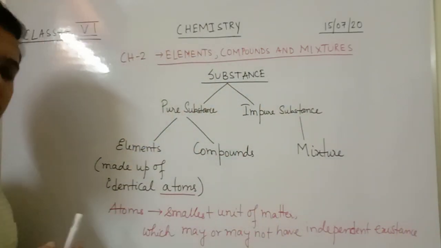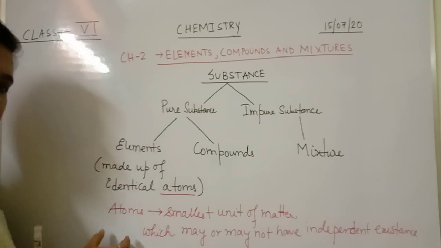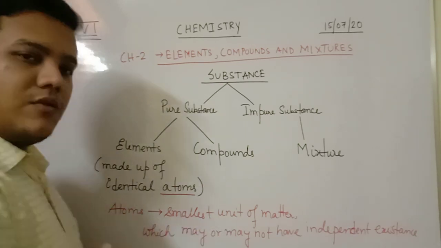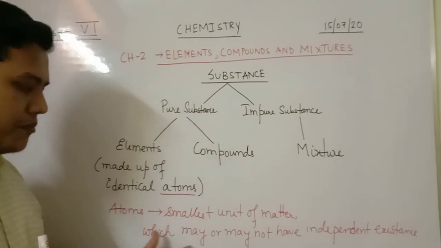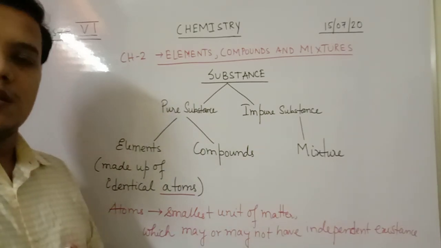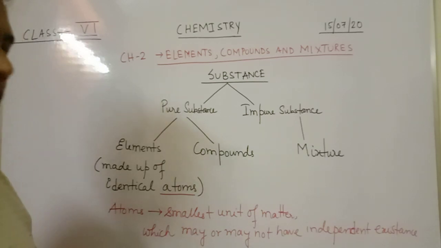Now, what does this word mean? We can understand from the word that an atom is the smallest unit of matter. This is a new thing we have learned today. Now it is said which may or may not have independent existence. What does that sentence mean?